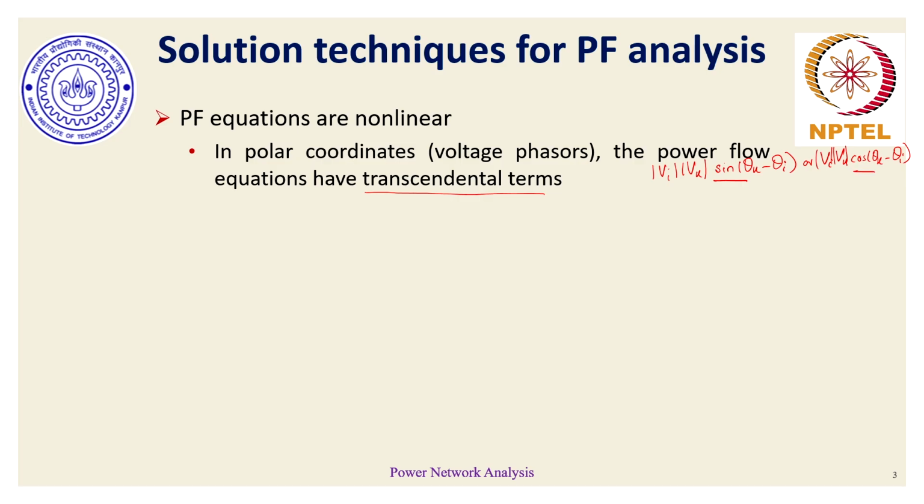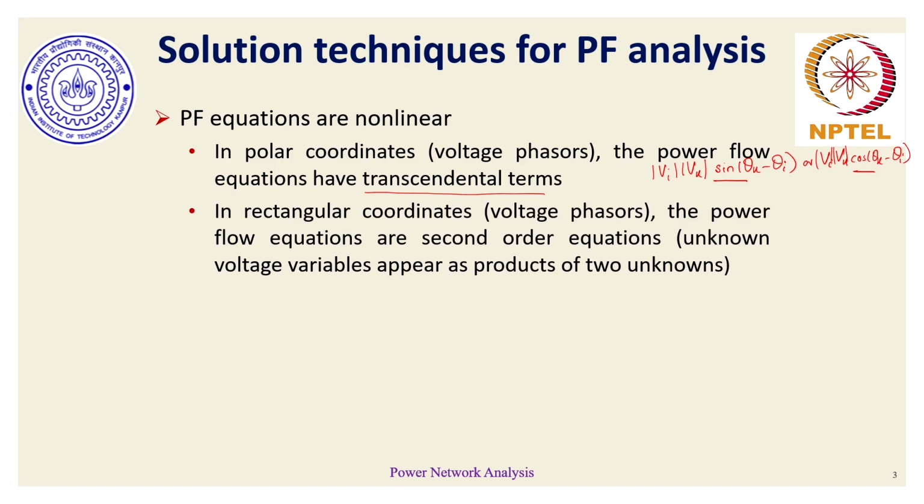Since these terms are sine and cosine functions, we call them transcendental terms. In case the rectangular version of voltage phasors is considered, the power flow equations essentially have quadratic terms. That is, you would have terms like Ei Ek, or Fi Fk, or Ei Fk, or Ek Fi, and often you can also have Ei square and Fi square terms present in the expression for bus i.